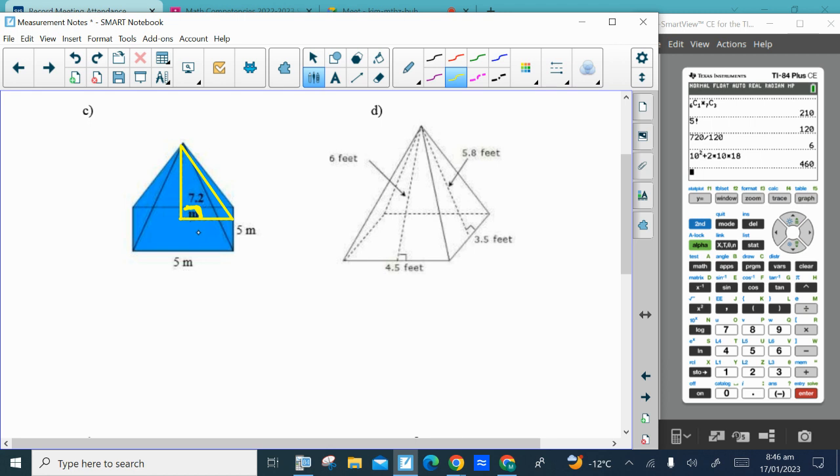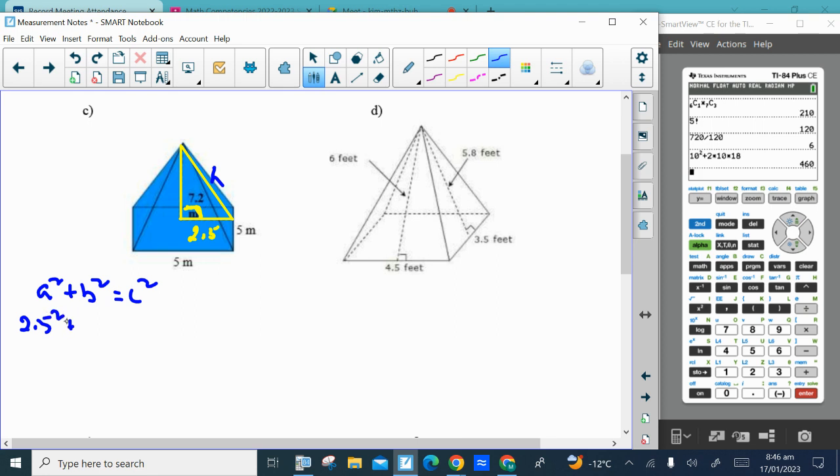So the base of this triangle is 2.5 meters, half of 5. And so, like I said, we will use Pythagorean theorem to find out what the hypotenuse is, which represents the height of the triangular face. That's what h will be. So Pythagorean theorem says that a squared plus b squared equals c squared. Remember, a and b are the two legs of the right triangle.